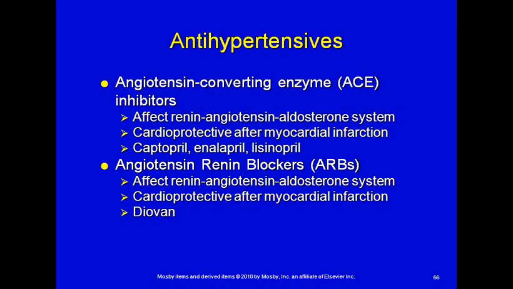And if you take an ACE inhibitor, you inhibit the production of this angiotensin converting enzyme, and so angiotensin 1 does not become angiotensin 2, and the vessels don't constrict. They kind of dilate. You'll see patients who have hypertension prior to their heart attacks, and certainly after their heart attacks, if they're hypertensive, being placed on ACE inhibitors.